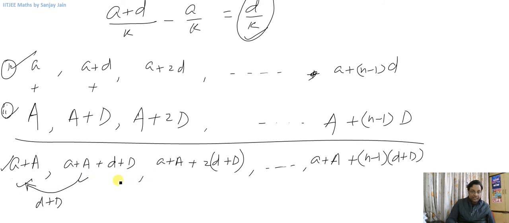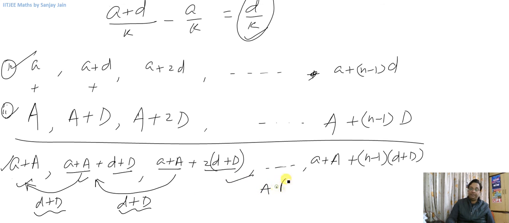When I subtract second from third, A plus A will again get cancelled. I have got 2d plus 2D and this is 1d plus 1D, so the difference will be d plus D. So yes, there is a common difference which is small d plus capital D, hence this resulting sequence is an AP with common difference as the sum of common differences of these two APs that we added, right?